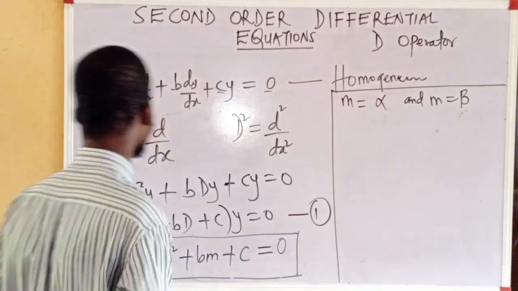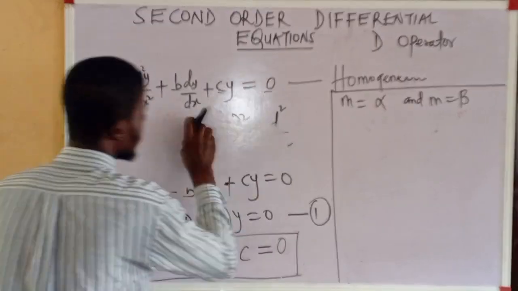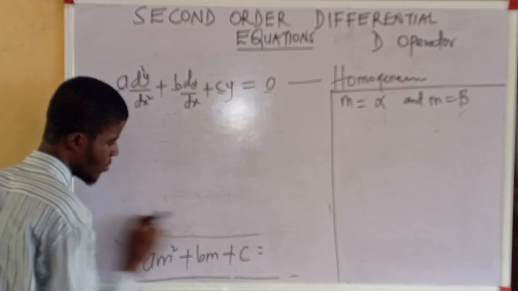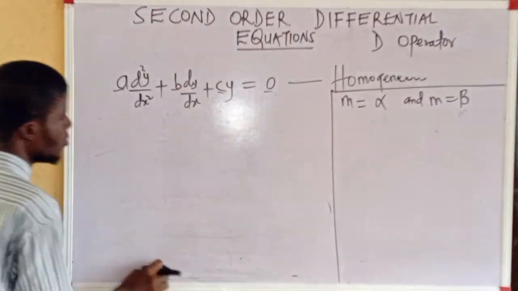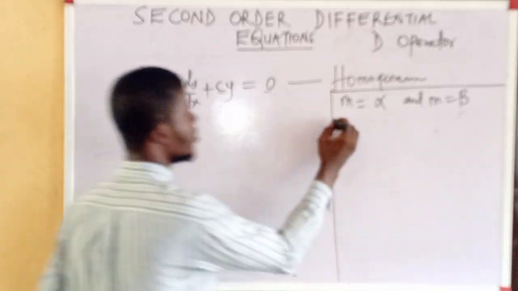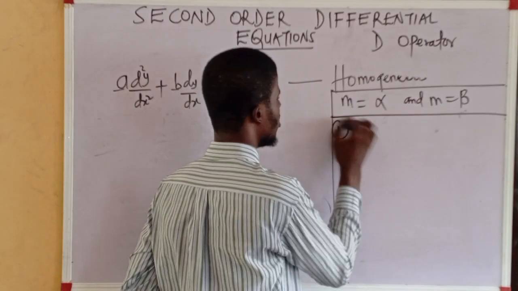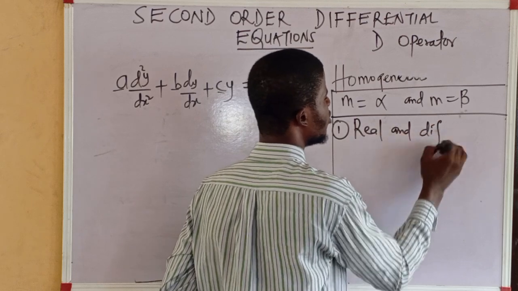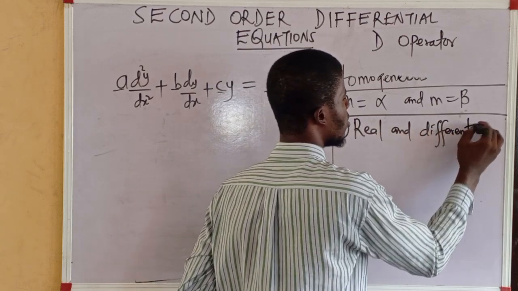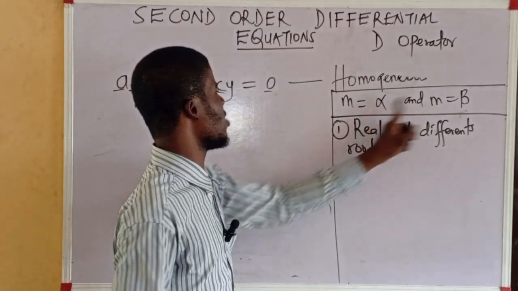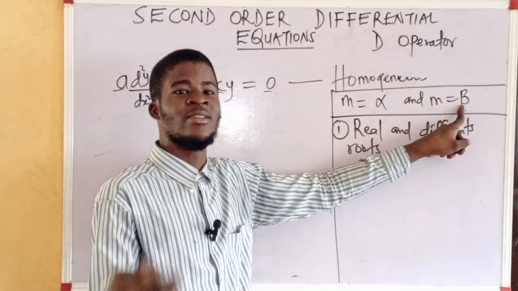This is what I'm saying. Case 1: real and different roots. Here alpha and beta are real numbers and they are different.